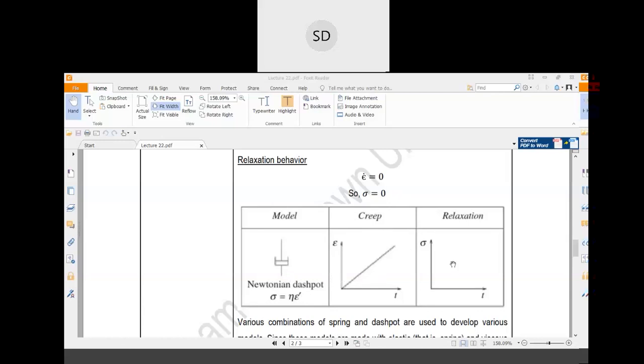But for the relaxation condition, the strain is constant, so the rate of change of strain would be 0. In that case your sigma would also be 0.